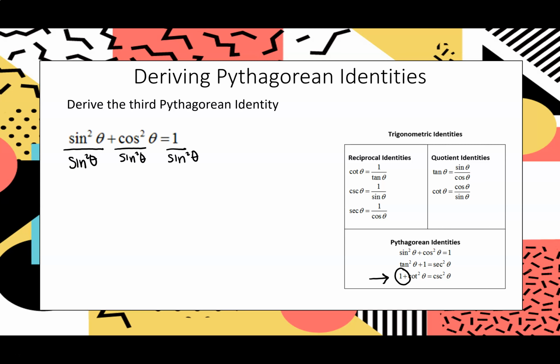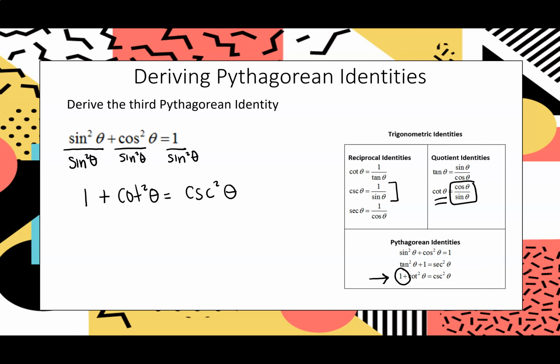What does sine squared theta over sine squared theta become? That becomes 1. What's a cosine over sine? Cosine over sine is cotangent. So here I've got cosine squared over sine squared, so that's going to give me a cotangent squared theta. And what's 1 over sine squared theta? Well, 1 over sine is cosecant, so this is going to give me cosecant squared theta.